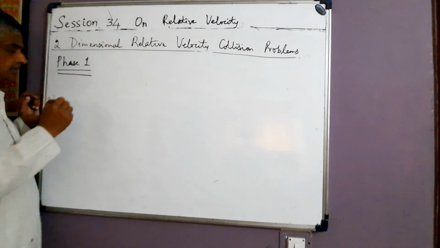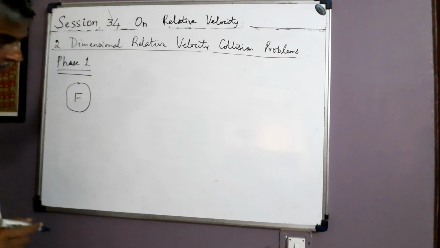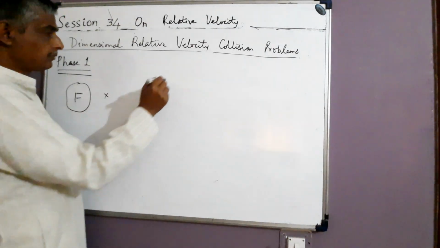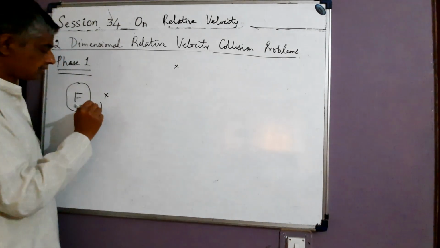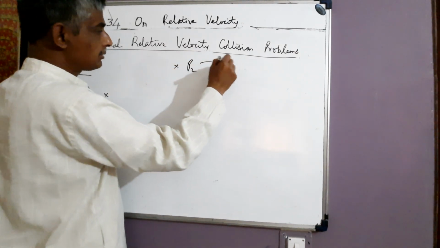So take this problem, understand it. Suppose F is the frame of observation. P1 and P2 are two moving points. This is the situation at t = t1.